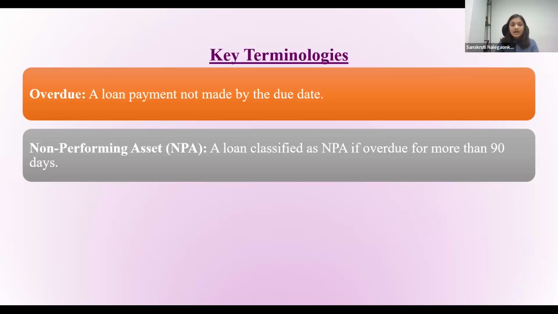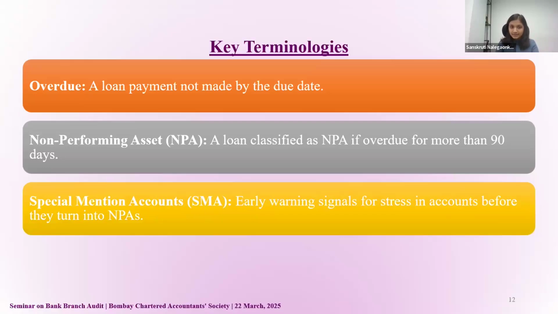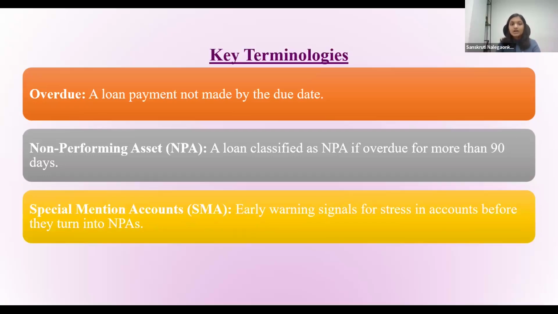The next is special mention accounts, SMA. Before a loan turns into an NPA, banks closely monitor overdue accounts through the special mention account classification. This system helps banks identify and manage risks before they escalate.